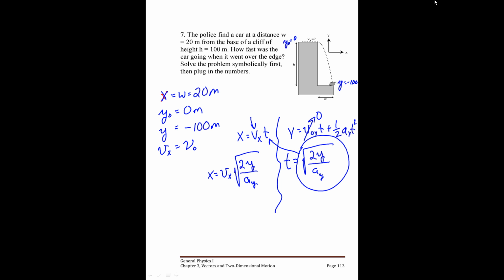So I solve this for Vx is equal to x times the square root of a y over 2y. I know these values. a y is minus 9.8. y is minus 100. So that gives me a value of 4.4 meters per second. And that's the answer.